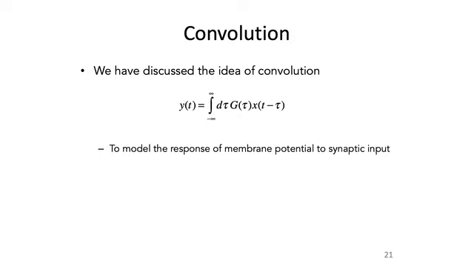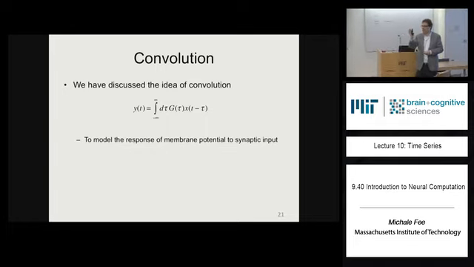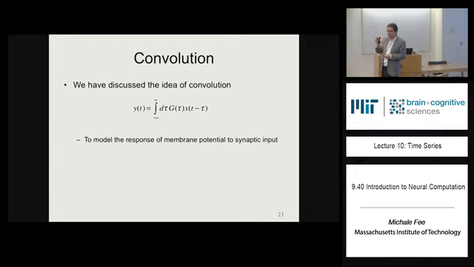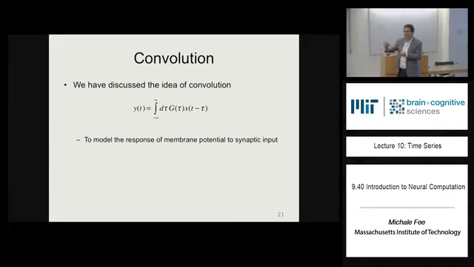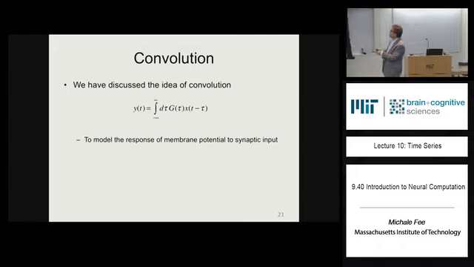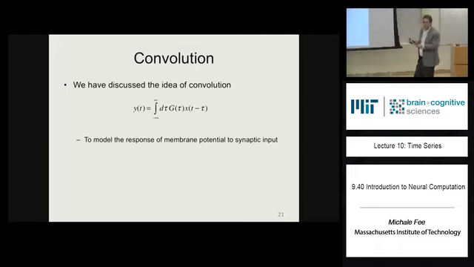So we've used that to model the membrane potential of a synaptic input. In that case, we had spikes coming from a presynaptic neuron that generate a response in the postsynaptic neuron, and we can model that response as a convolution of that exponential with an input spike train.